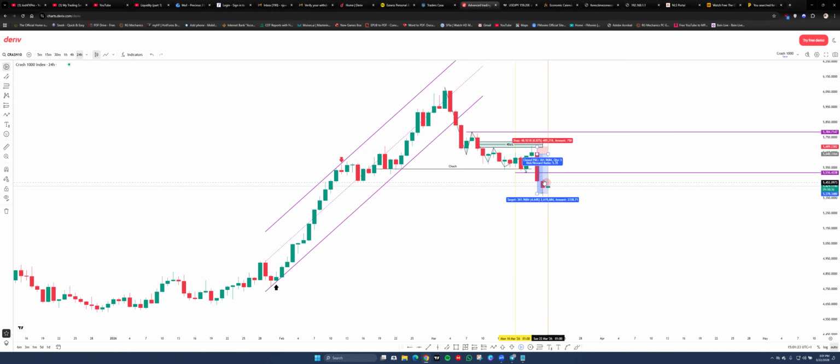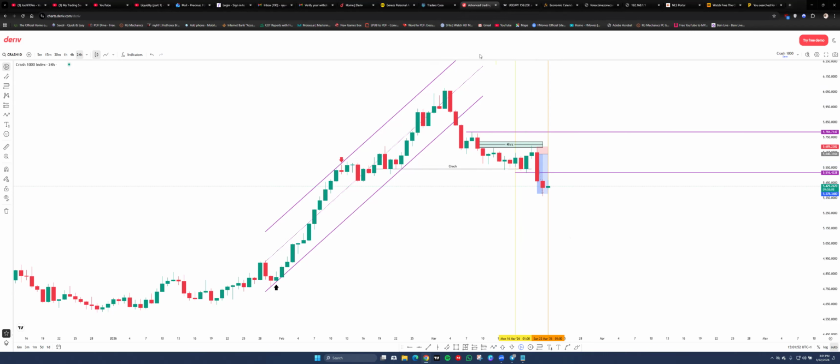So you may still get a push up a bit because we have a massive fair value gap here, a massive imbalance or fair value gap. So it may come back to retest that area before pushing back down. It may do that, it may not. What we may see is something like this, pushing back to this area somewhere here and then down, right?